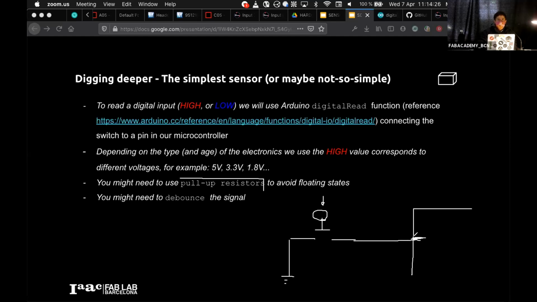Do we all agree till there? So here, my pin, let's say pin number 6, I read it, and whenever I press the button, I know that it's low. So button press, we make a little table here, button press, we know that it's low. But what happens when the button is not pressed?